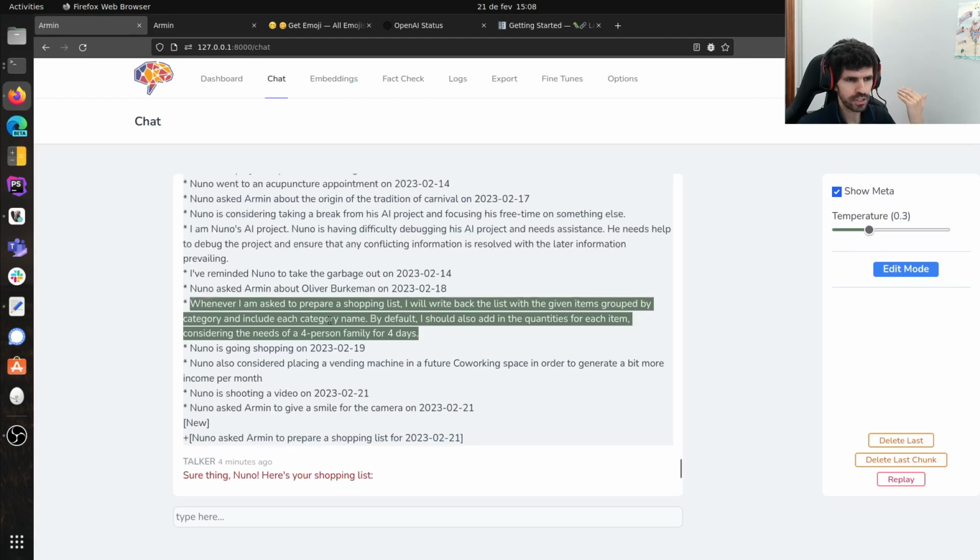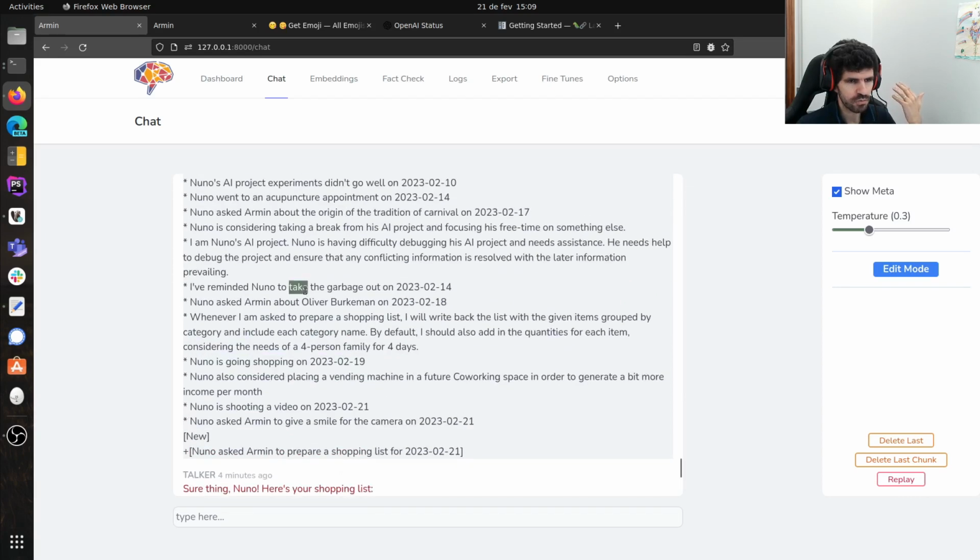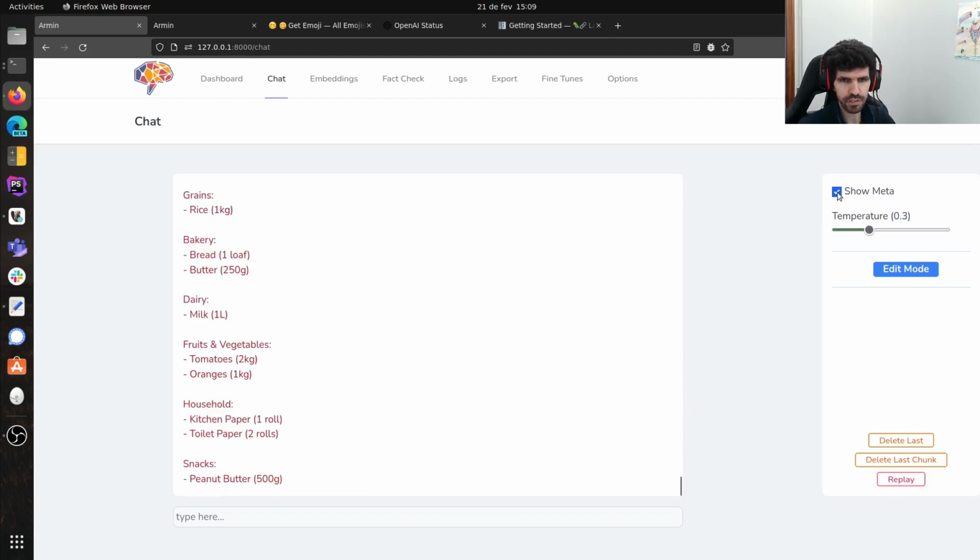As you see, many times it records memories that are very, very shallow, very brief, very useless. So I want it, when I'm teaching something new, to write something extremely detailed so that it knows exactly what to do when this memory is recalled again. I think this is pretty interesting, and definitely something that I'm going to explore more.